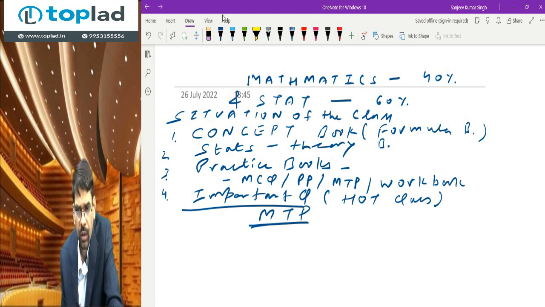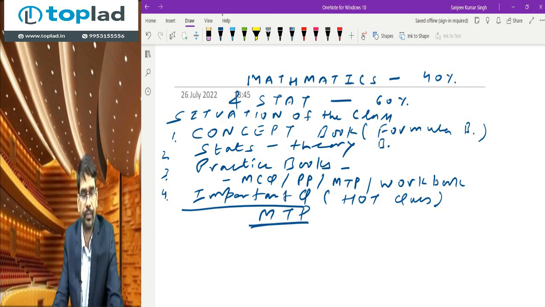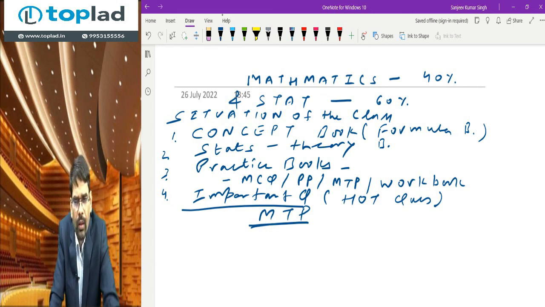Okay, friends, first of all, we will provide the concept book, you can say formula book. We also provide the statistics theory book and the practice book.